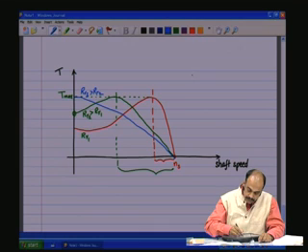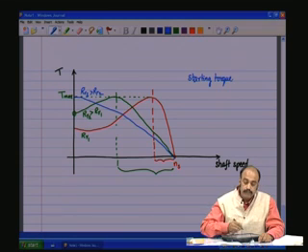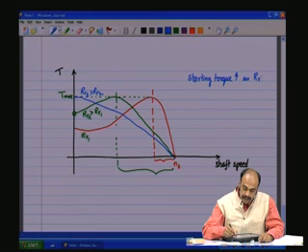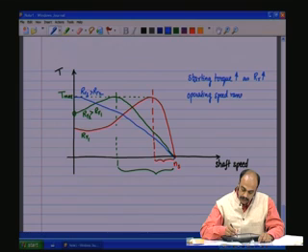So we have starting torque increases as RR increases. Operating speed range increases as RR increases.